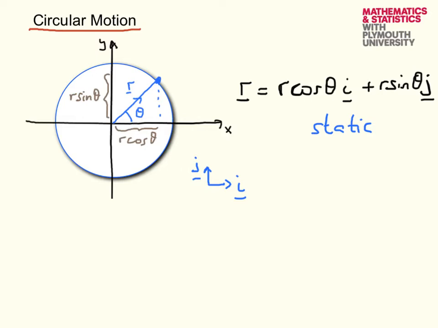But this is a static description. There is no mention of the point changing with time. So what I want to do now is to write down a description involving the time.